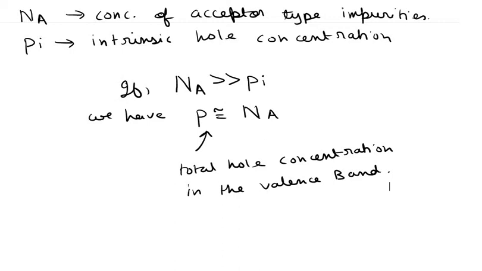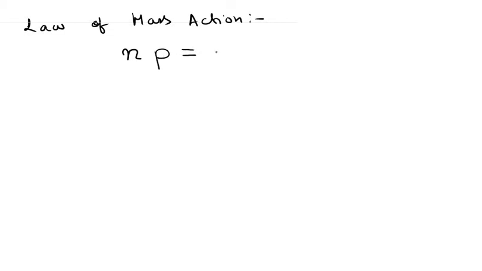And then we have the law of mass action. This law of mass action basically states that the product of the total number of electrons in the conduction band and the total number of holes in the valence band is equal to the product of the intrinsic electron concentration in the conduction band and the intrinsic hole concentration in the valence band.